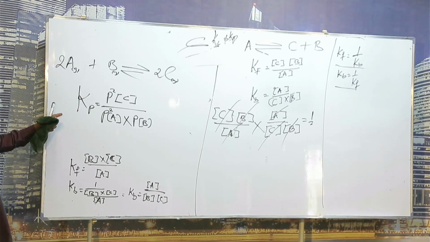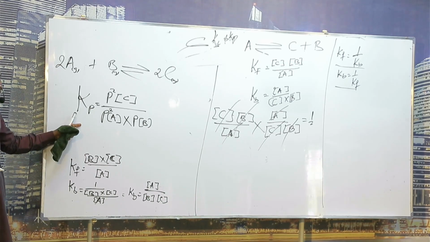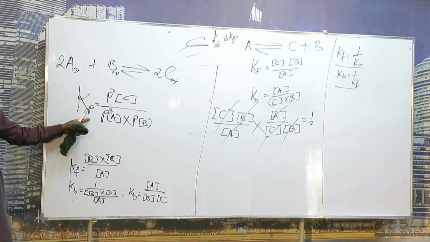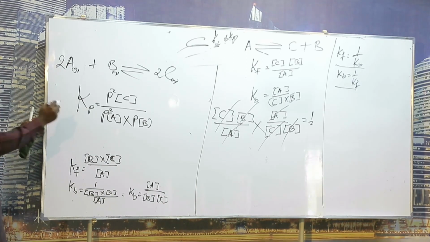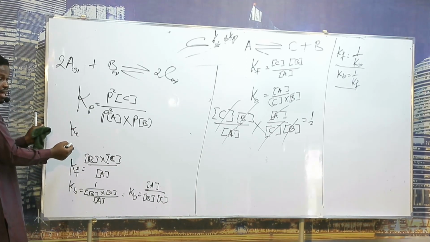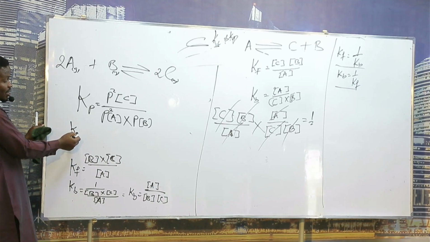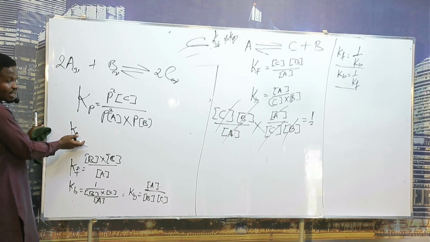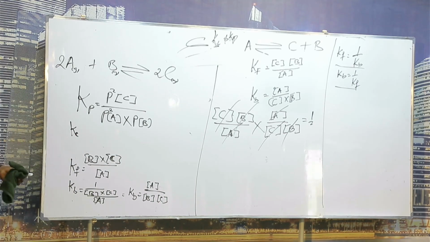I expressed it in terms of partial pressure. But can you express this in terms of KC? When you express it in KC, you are talking about molarity. Is it hard to express?